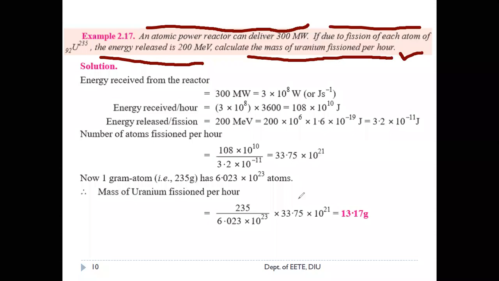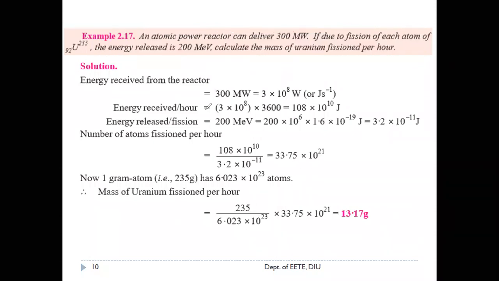So if we go from the very beginning, 300 megawatt is the value given here. This is the capacity. First of all, if we make the megawatt into watt, it will be 3 into 10 to the power 8. And we also know that watt is equivalent to joule per second. That means per second how much energy is going to work.